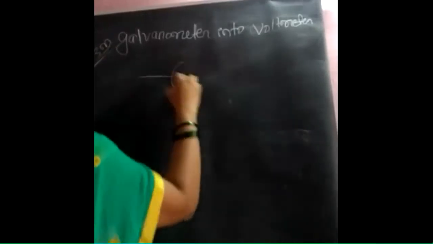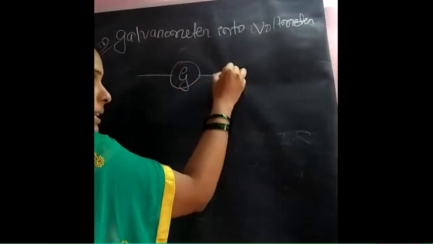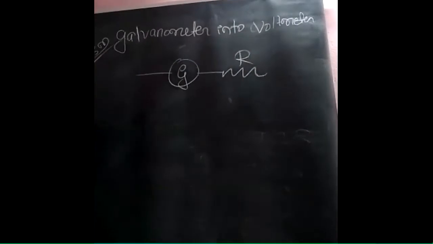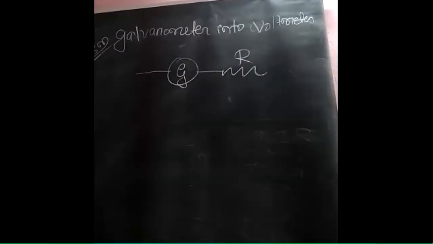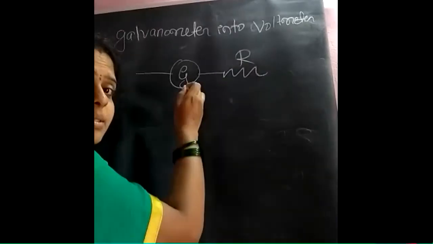So here we have a galvanometer. When it is connected to the resistance R, R is a high resistance which is connected in series.